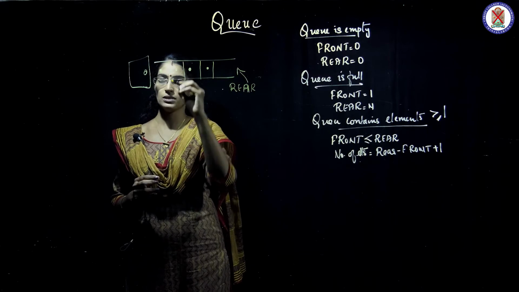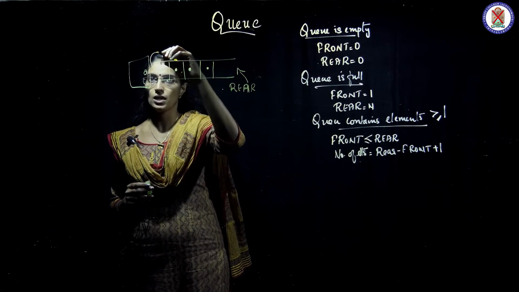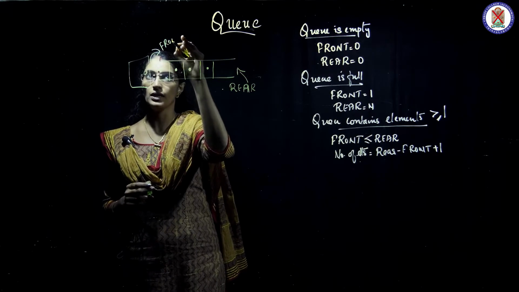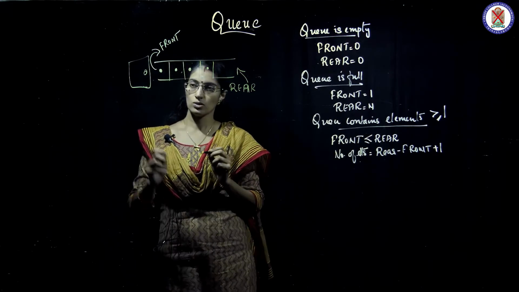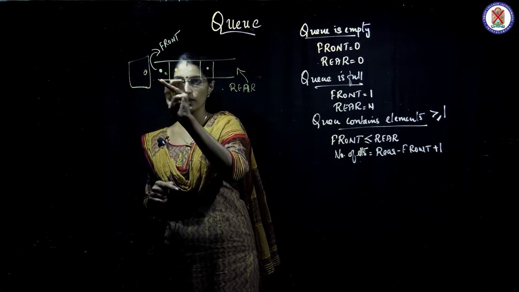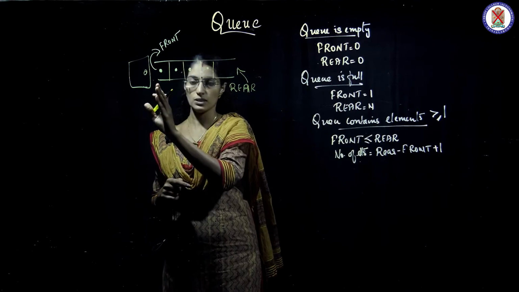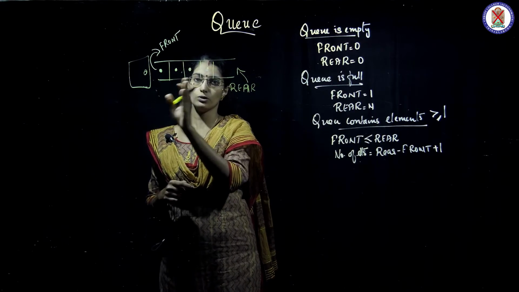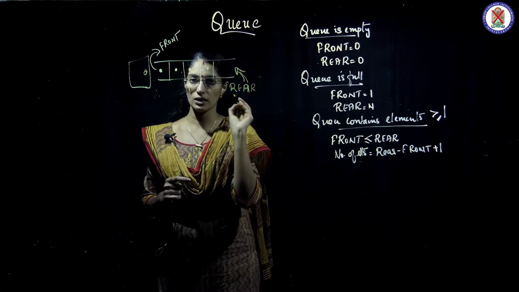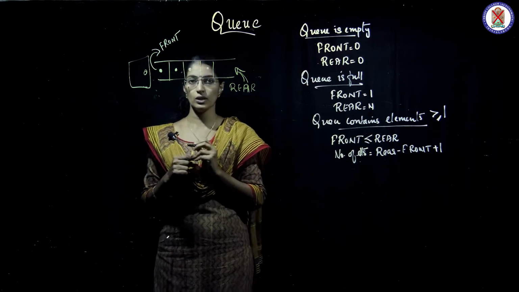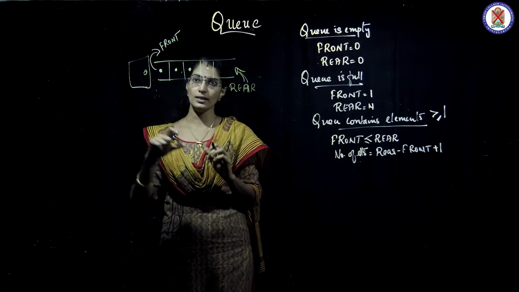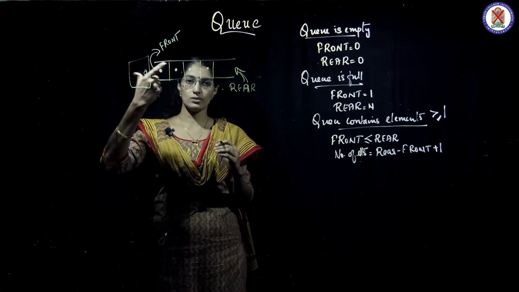So naturally what happens here is when the first person's job finishes, he goes through this way, and this is naturally called front of the queue, right? So after the first person goes, naturally the second person comes forward. When the second person goes, third person comes forward. When the third person goes, the fourth person comes forward, right? So all the people enter the queue through the rear portion and they go out of the queue through the front portion.